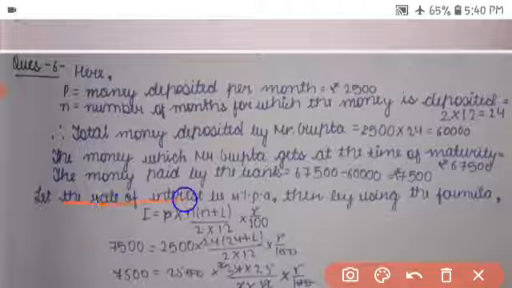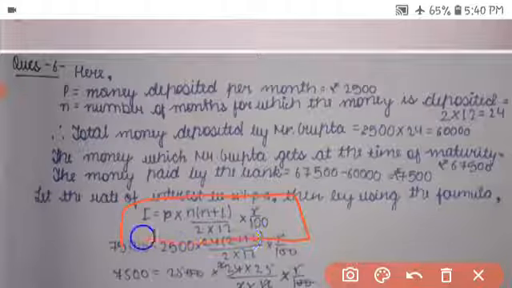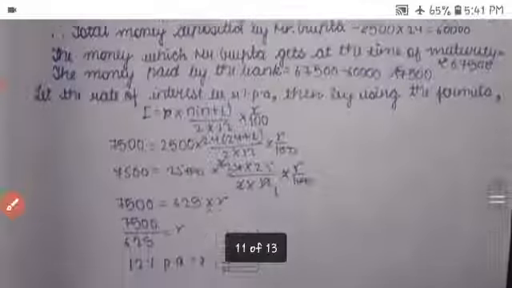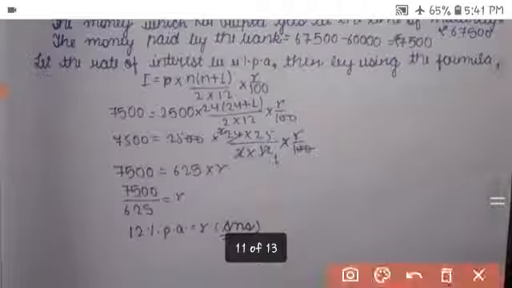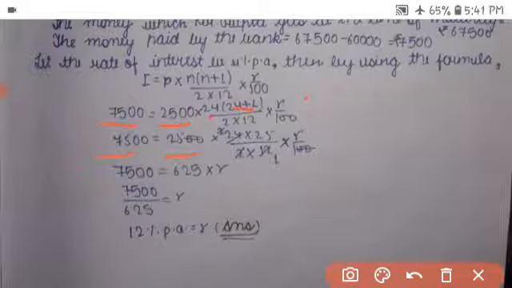If the rate of interest is R percent per annum, then by using the formula I is equal to P into (n plus 1) upon (2 into 12) into R upon 100, now 7,500 is equal to 2,500, putting the value of P, into 24, into (24 plus 1) upon (2 into 12) into R upon 100.